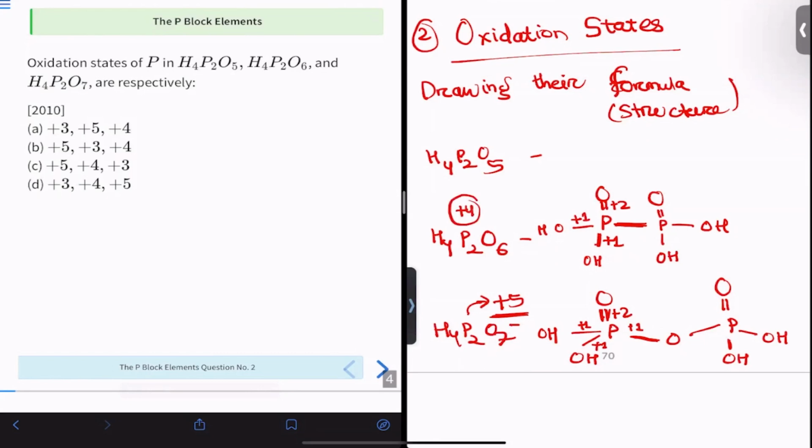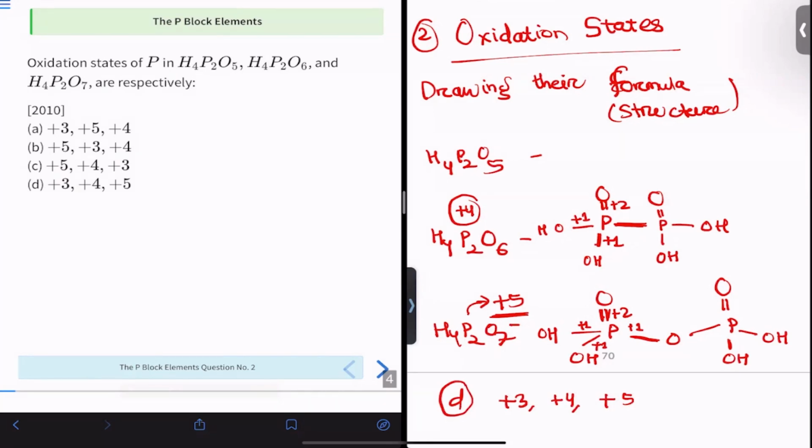Okay, so which option says +5 in H4P2O7 and +4 in H4P2O6? It is option number D. Option number D, +3, +4, and +5. Okay, guys, and I'll draw H4P2O5 for you.